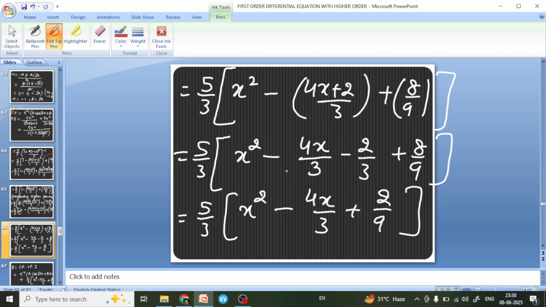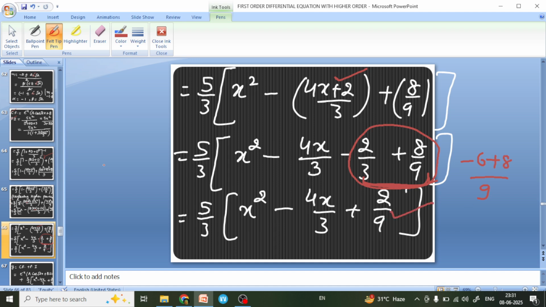Write these equations separately: minus 4x over 3, plus minus minus 2 by 3 plus 8 by 9. Now solve these two equations. Taking LCM 9, minus 6, 3 3 to the 6 plus 8, we will find 2 by 9.